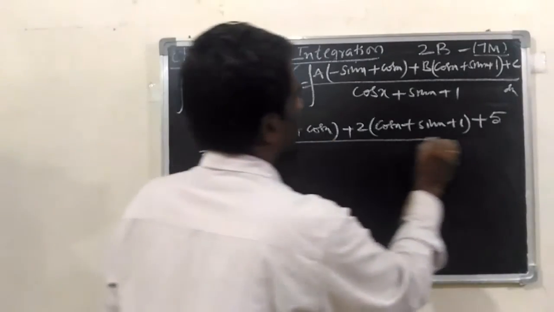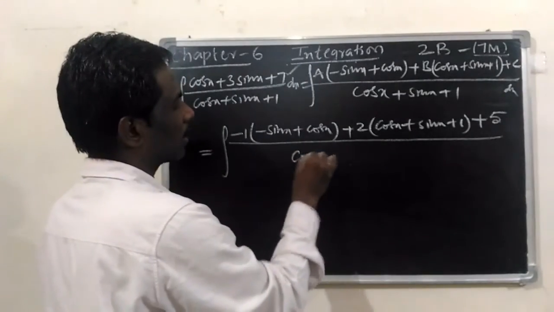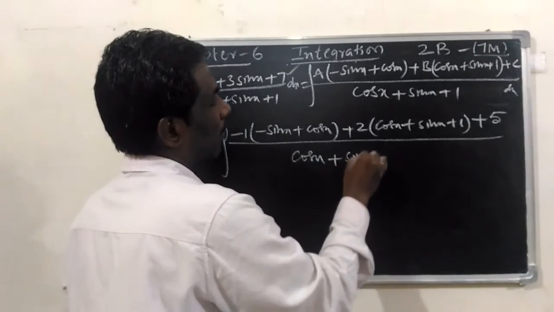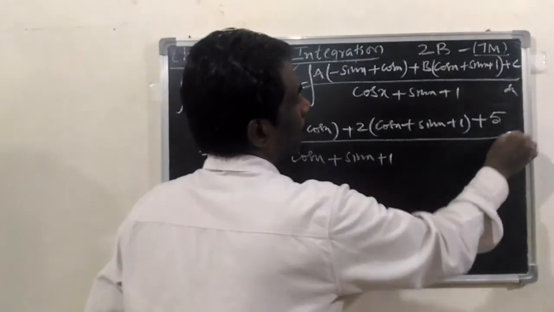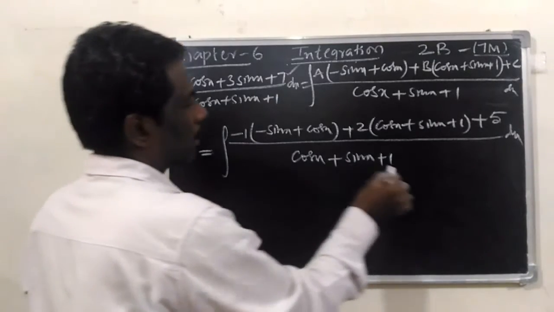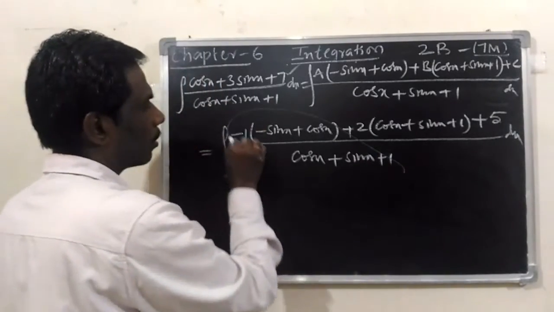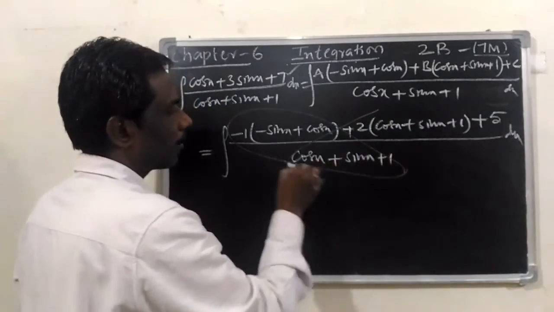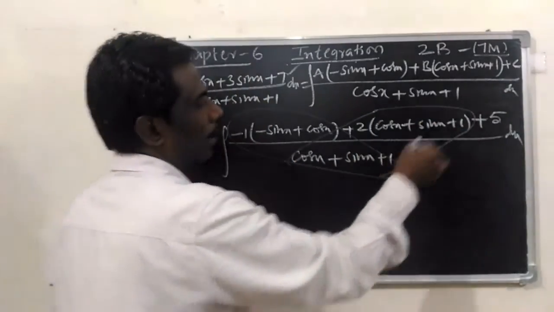by, write the denominator as it is, cos x plus sin x plus 1 into dx. Now I am splitting the numerator over the denominator like this, and like this, and with the 5 also.